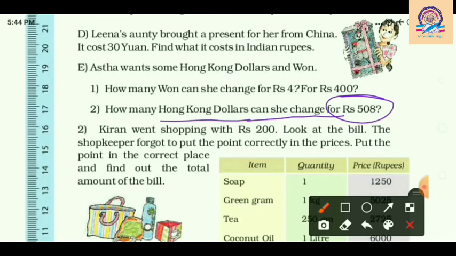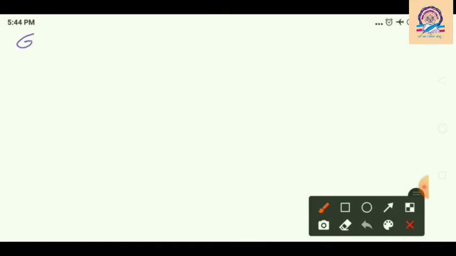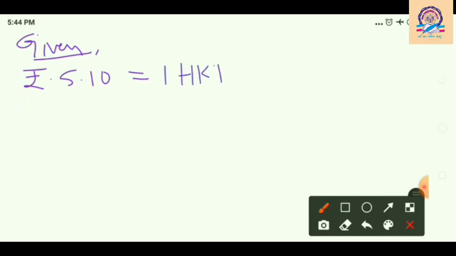So it is 5 rupees and 10 paise. So let's make a solution for it now. So first write given, then now you will write 5.10 rupees make 1 Hong Kong dollar, HKD, Hong Kong, then it is dollar.